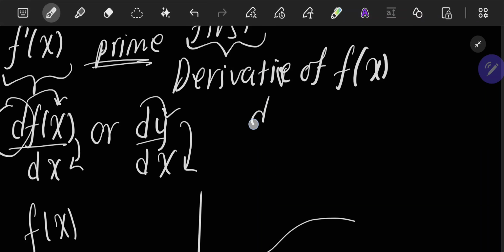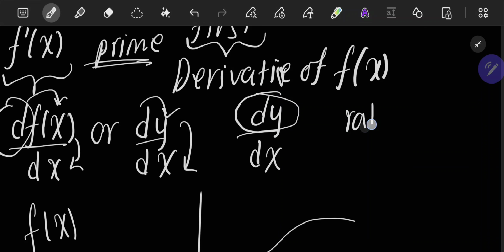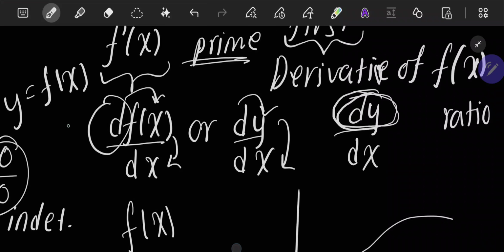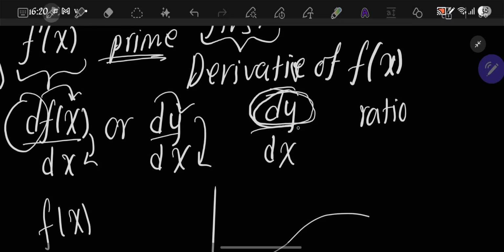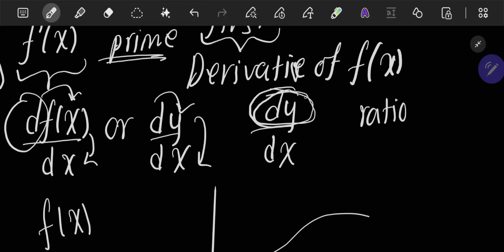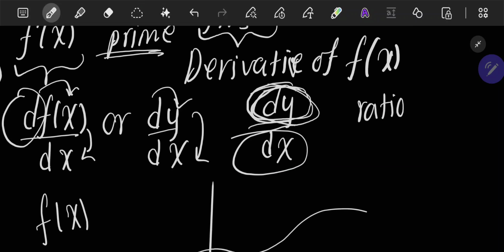You could essentially think of this dy over dx as the ratio of a very, very small increase in y, where y is obviously equal to f of x, so a very, very small increment in f of x over a very, very small increment in x.